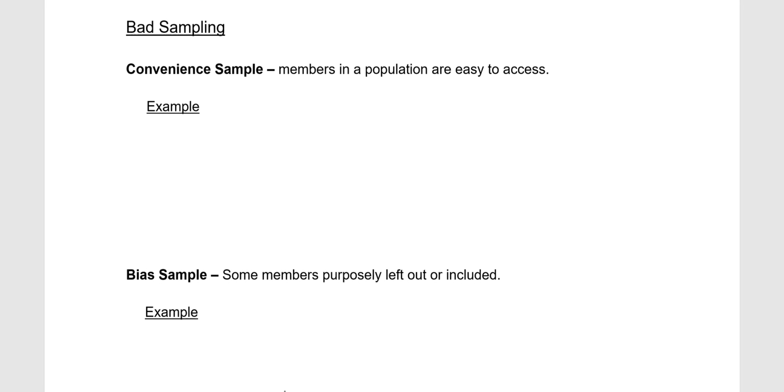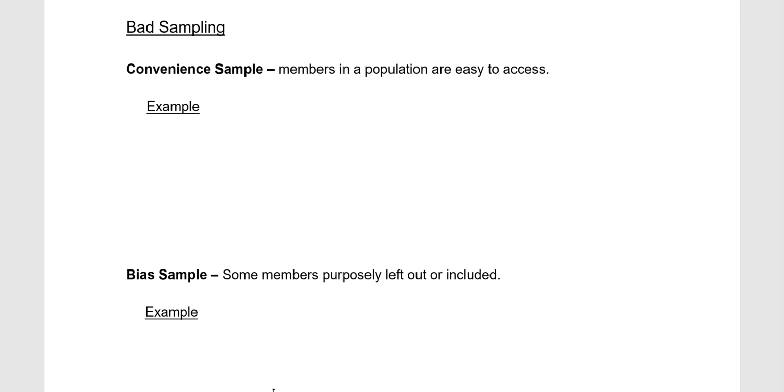Okay, so there is a possibility that we can do some bad sampling. Our samples will not represent the population as a whole. And two of these are convenience sampling and bias sampling. For convenience sampling, members in the population are just easy to access.